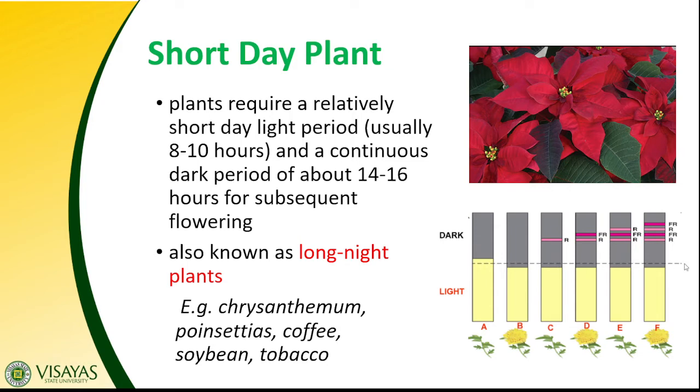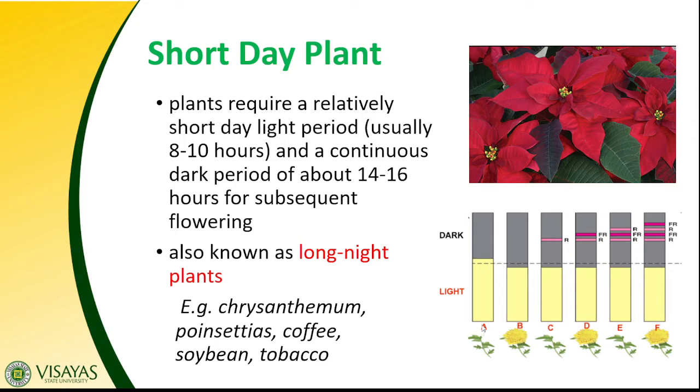So that is the boundary line, or critical day length, or length of light which determines below or above which plants will flower. The upper part is the dark period and below is the light period of exposure.